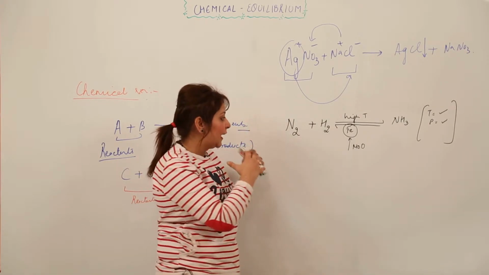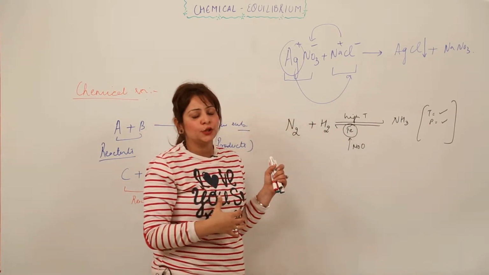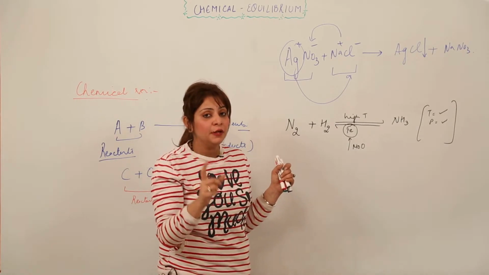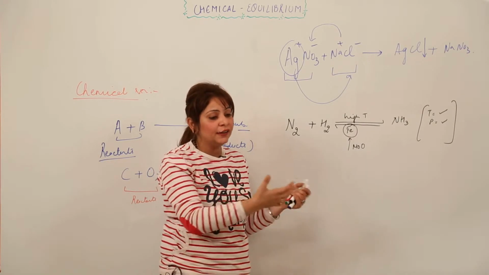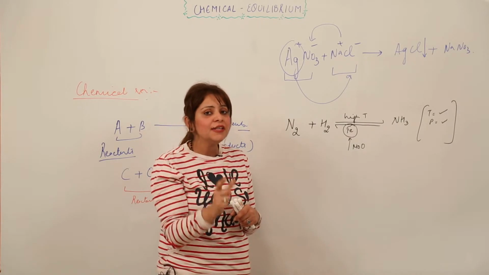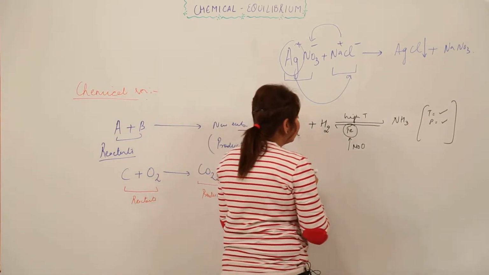That means the reaction is occurring in a forward direction, and it can also occur in a backward direction, the pressure and temperature conditions remaining the same. So when a reaction occurs in a forward as well as backward direction at the given set of conditions of temperature and pressure, that reaction is said to be a reversible reaction.